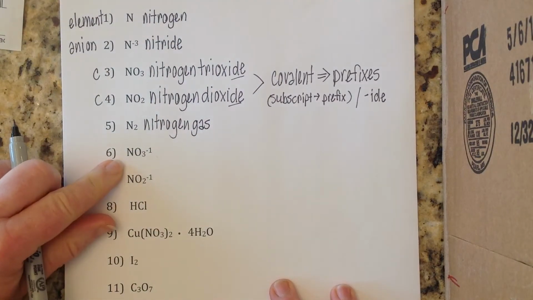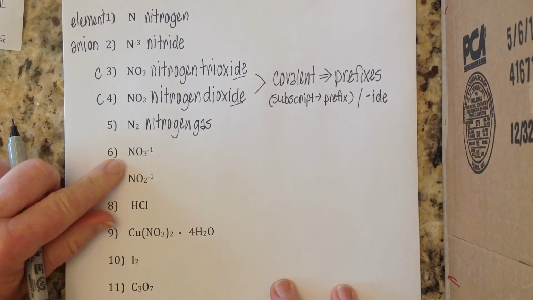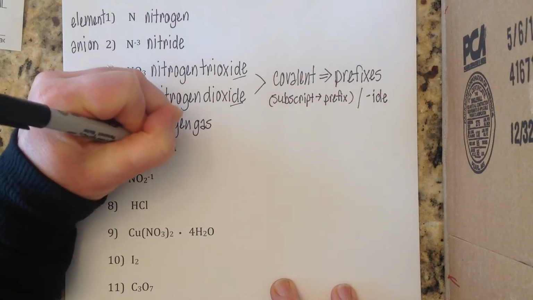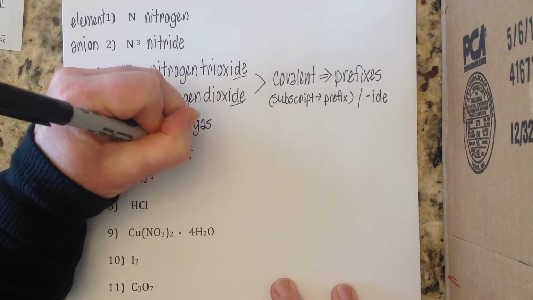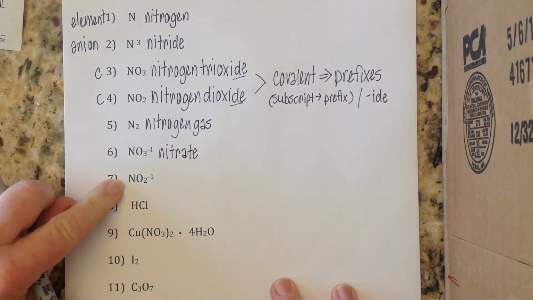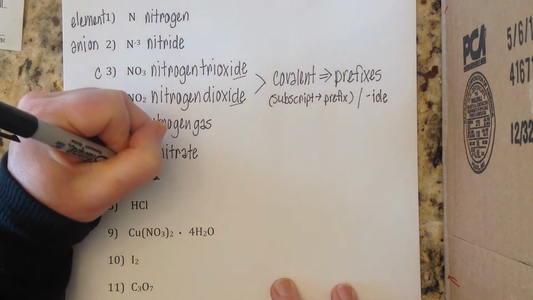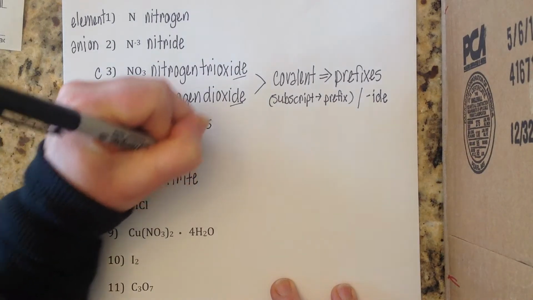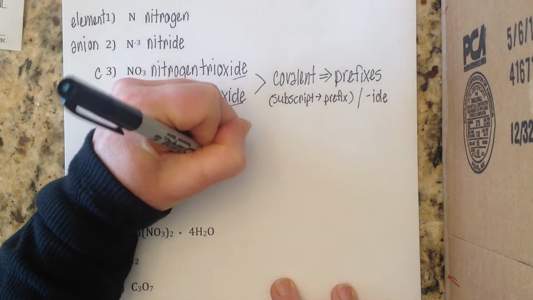Now, NO3 negative 1 is simply the polyatomic ion nitrate. NO2 negative 1 is nitrite. These are polyatomic ions.